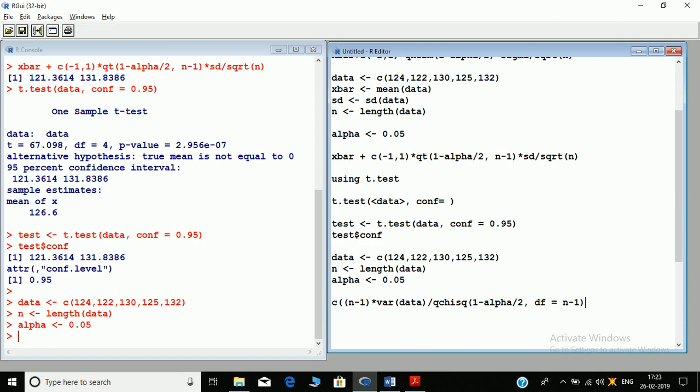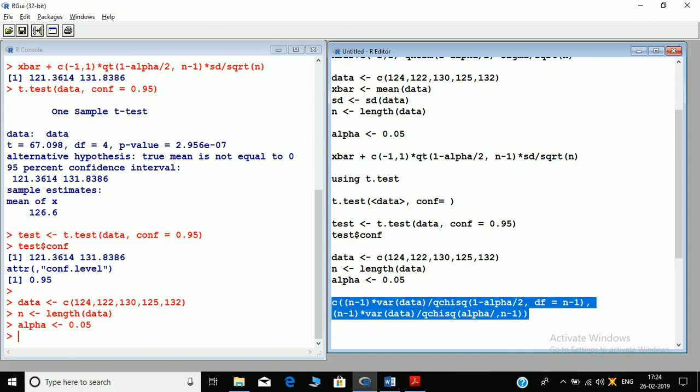This was one, and the other one is (n minus 1) times the variance of data, divided by qchisq of alpha by 2, comma n minus 1.